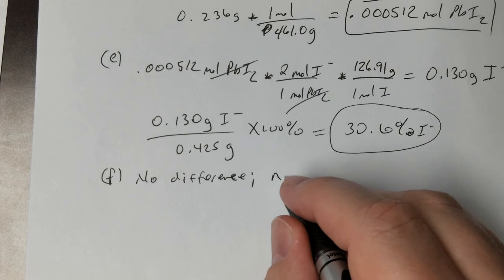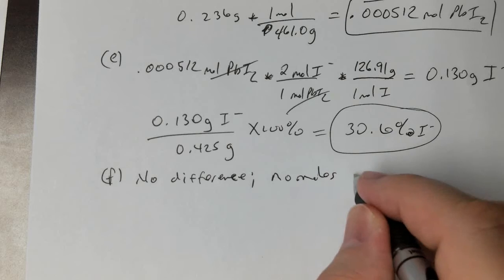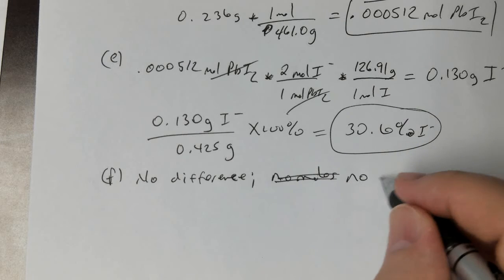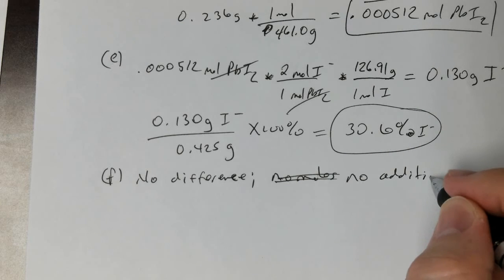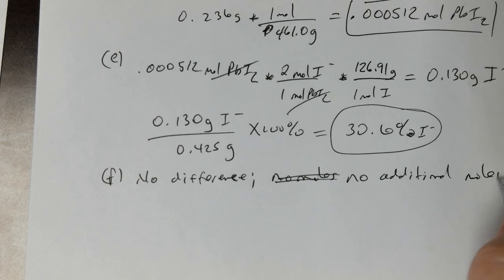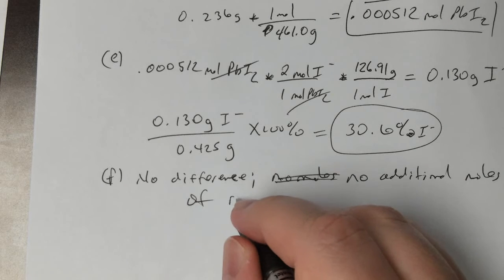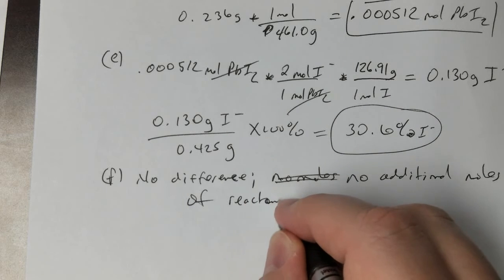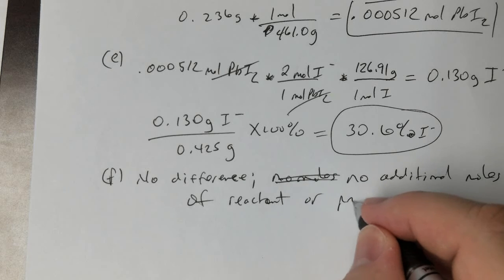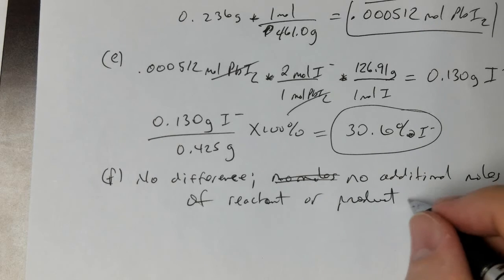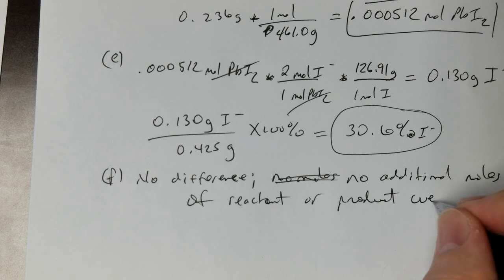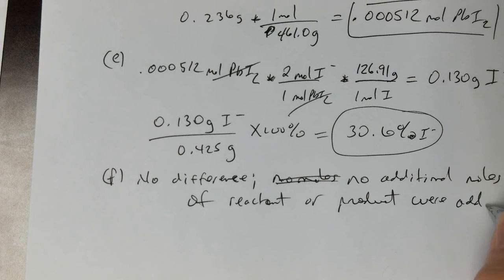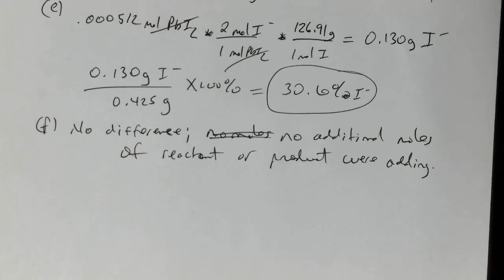No additional moles of reactant or product were added. You're just adding water, and so it just dilutes the original tablet a little bit, but that's it. It doesn't change the quantities of anything that you have.